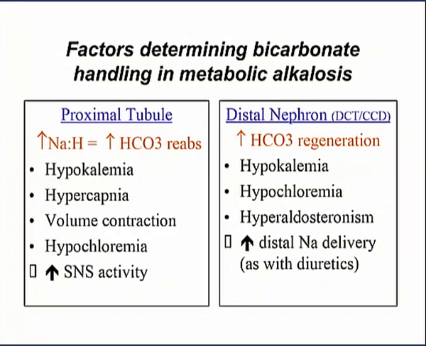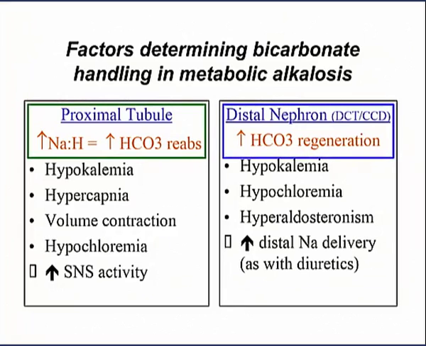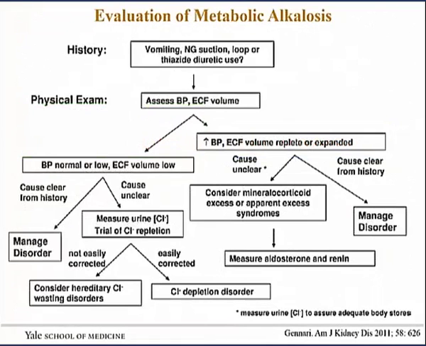So these are the factors in the proximal tubule and in the distal nephron that impact on that. And these are the factors that are operative in maintaining the metabolic alkalosis, and they are exactly the ones that we need to address when we want to successfully treat these patients.